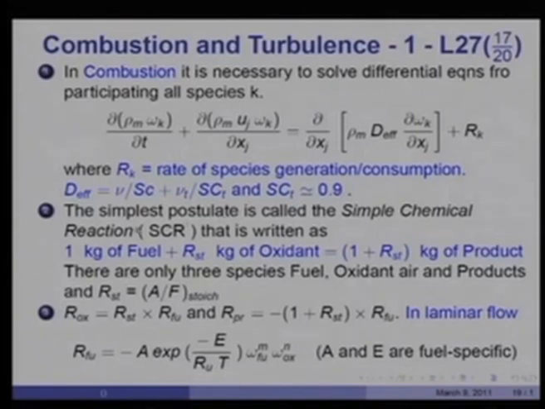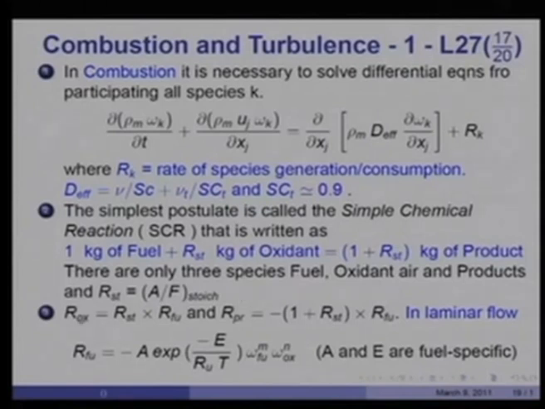Now, the simplest postulate of the reaction mechanism is the simple chemical reaction, SCR, which is written as 1 kilogram of fuel plus RST kilogram of oxidant equals 1 plus RST kilogram of product. So, essentially we have 3 species: fuel, oxidant and product, without defining what they are, and RST will be the stoichiometric air by fuel ratio.